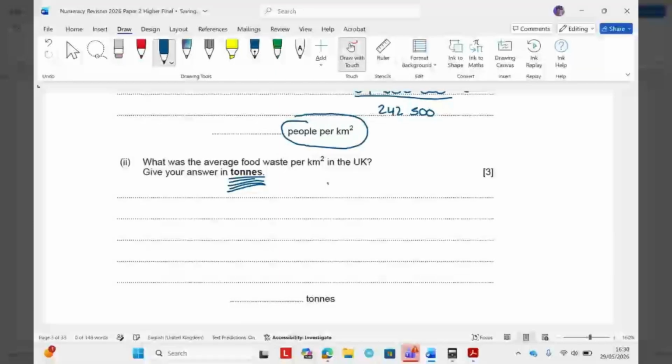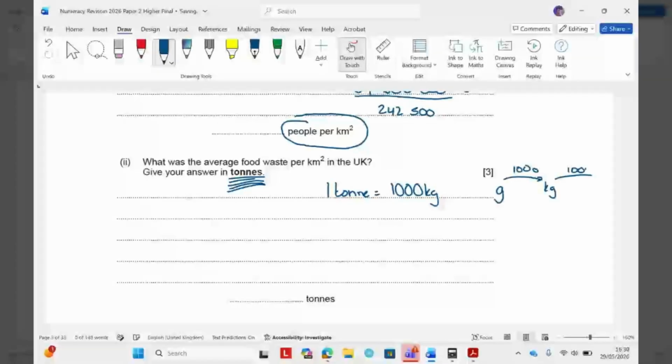We need to know that 1 ton is 1,000 kilograms. So 1,000 grams make a kilogram, and 1,000 of those make a ton. So because they want it in per kilometer squared, oh, see, this is slightly different again.